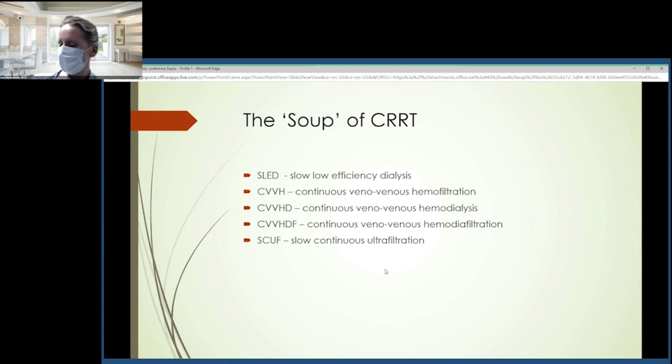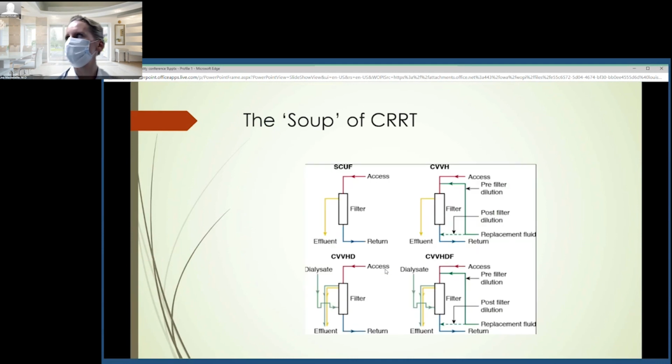So here's the picture. So we have our filter and we have our arterial line, which brings blood from the patient to the filter. It goes through the filter, and then we have our venous line that goes back into the patient after the magic happens in the filter.